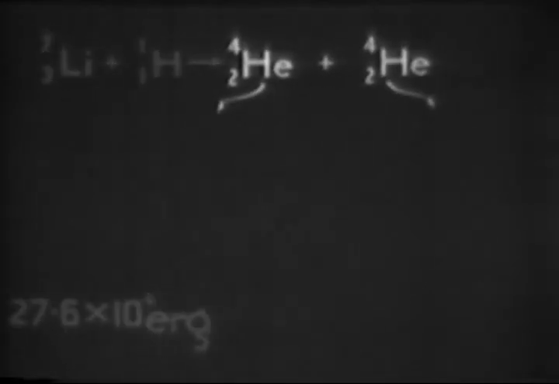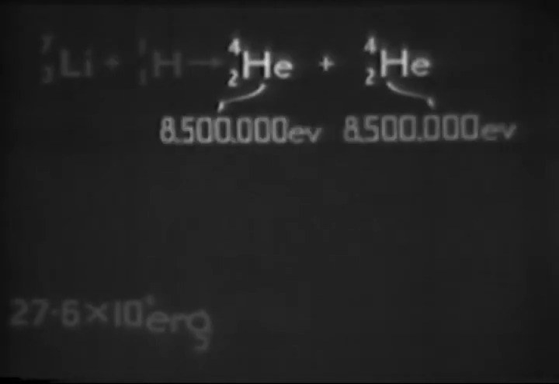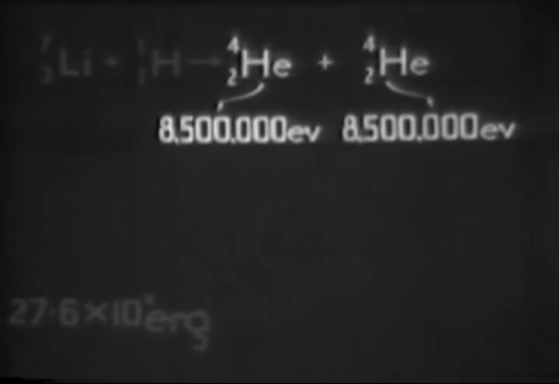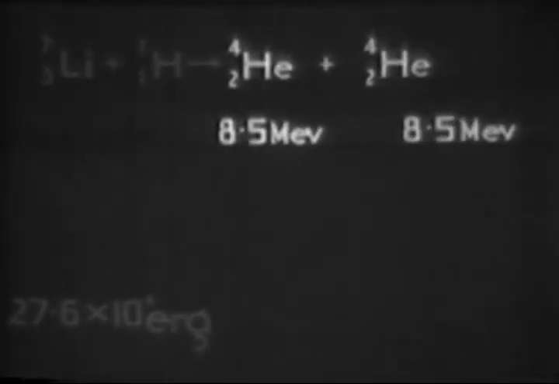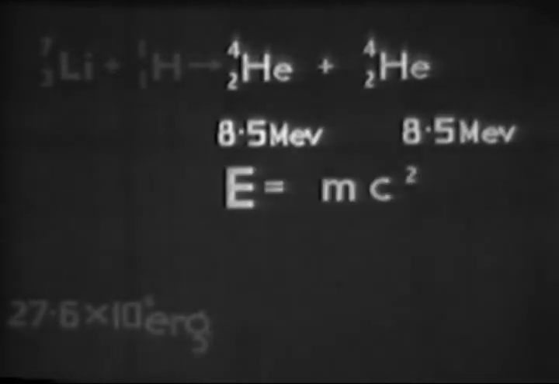Now, the energy of each alpha particle released in the reaction can be directly calculated. It is 8.5 million electron volts, or, more conveniently, 8.5 MeV. Thus, in our equation, we get E equals the sum of these energies, that is, 17 million electron volts.